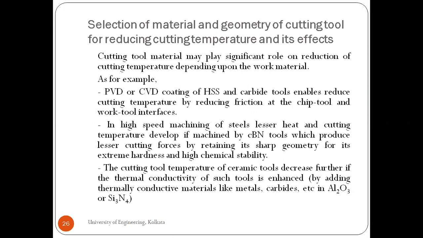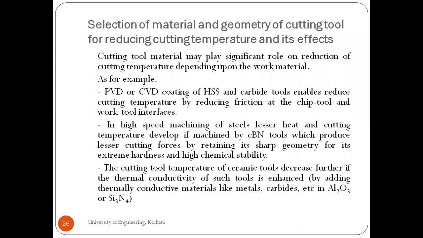So there is no kind of chemical dissolution of that tool, or any kind of built-up formation that takes place in the normal HSS tools. That does not happen in case of cubic boron nitride tools.